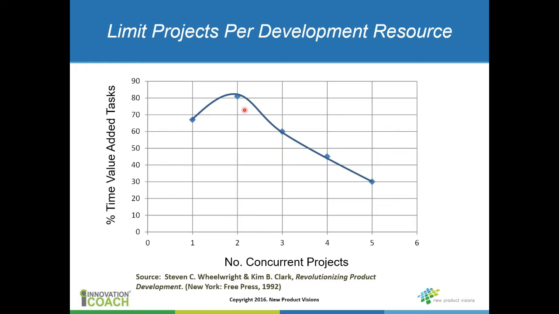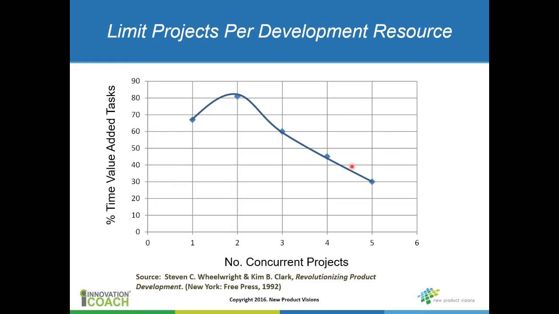So the ideal sweet spot really is a couple of projects per development resource. That's a good way to balance out the load, so to speak, and it's really the most effective use of the resource. Any more than that, typically you're going to start paying the price, the downside related to multitasking.